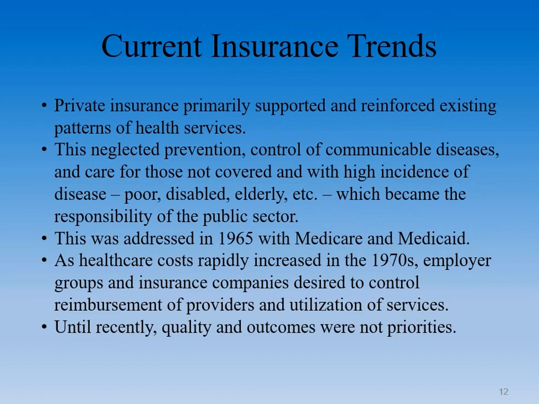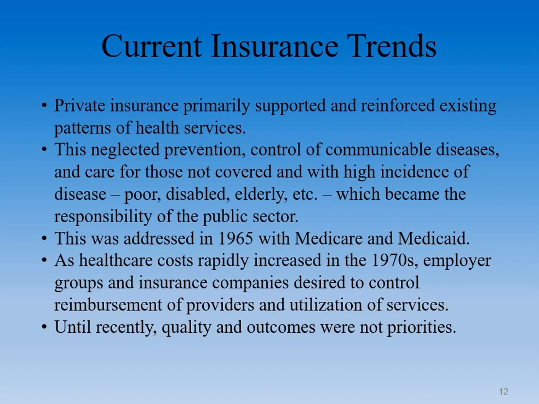Now, there are current insurance trends. Private insurance primarily supported and reinforced existing patterns of health services. This neglected prevention, control of communicable diseases, and care for those not covered and with high incidence of disease, which became the responsibility of the public sector.